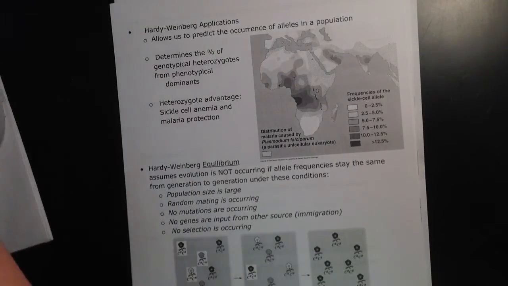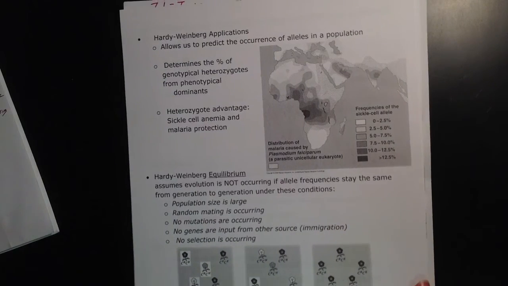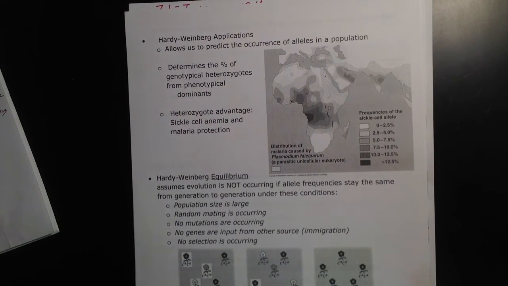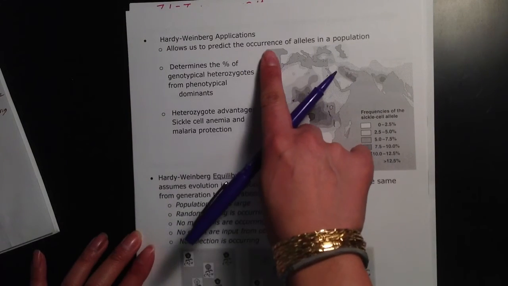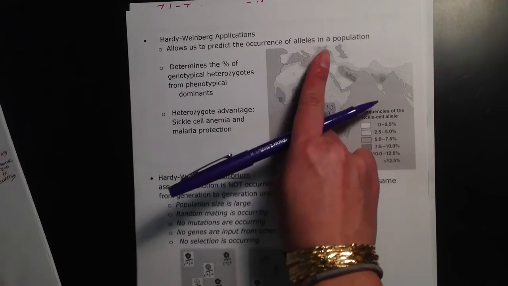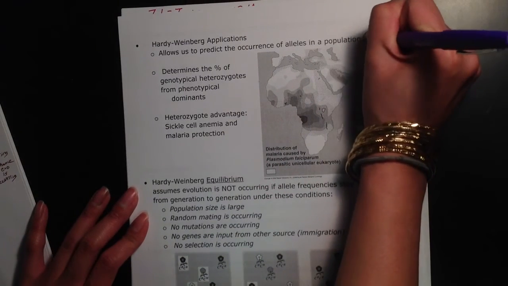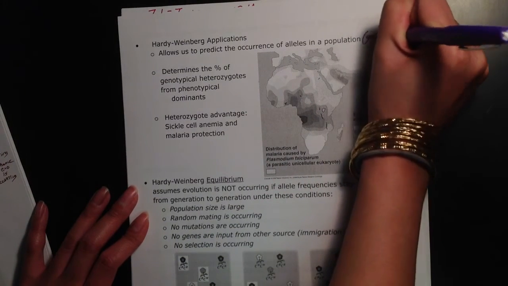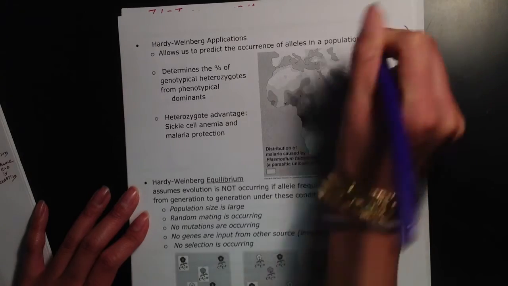And the last thing I want us to look at is a little bit on the Hardy-Weinberg applications. What do we actually use Hardy-Weinberg for? This allows us to predict the occurrence of alleles in a population, and keep in mind that a population also represents our gene pool.